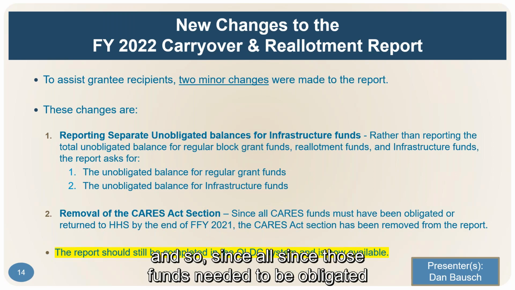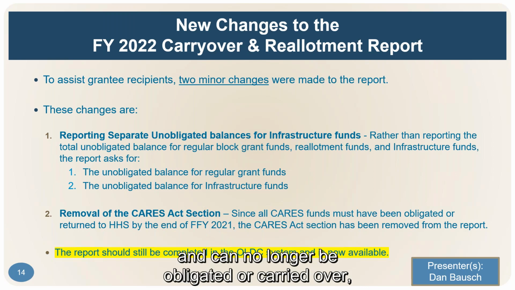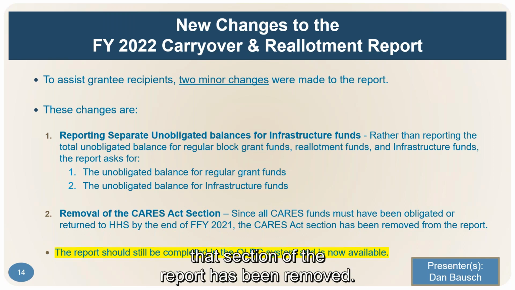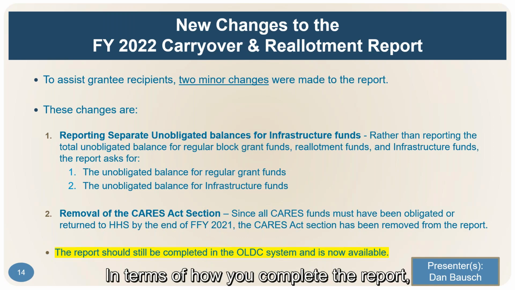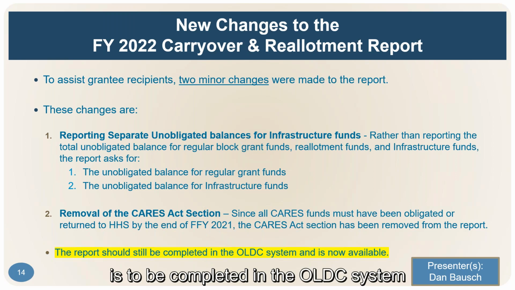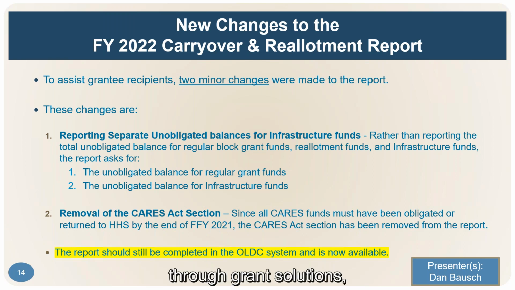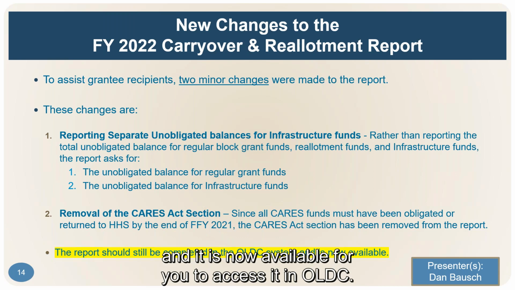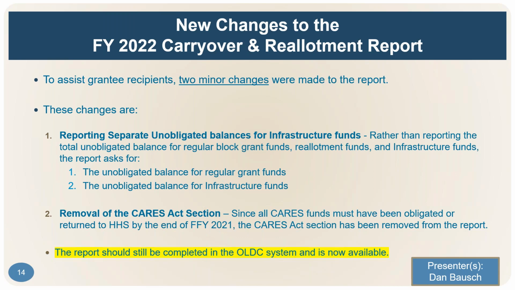And since those funds can no longer be obligated or carried over, that section of the report has been removed. In terms of how you complete the report, as in the past, it is to be completed in the OLDC system through Grant Solutions, and it is now available for you to access in OLDC.